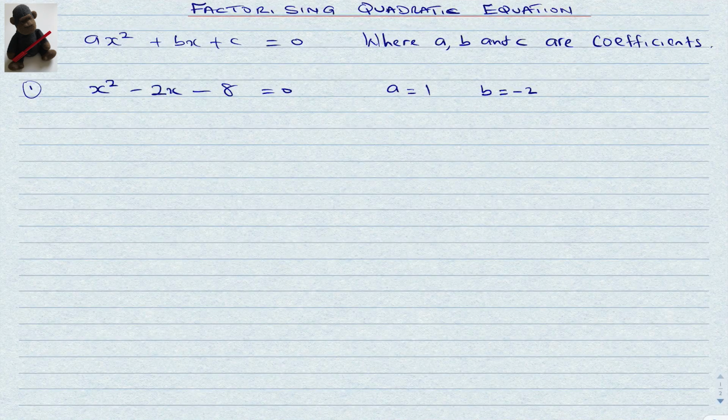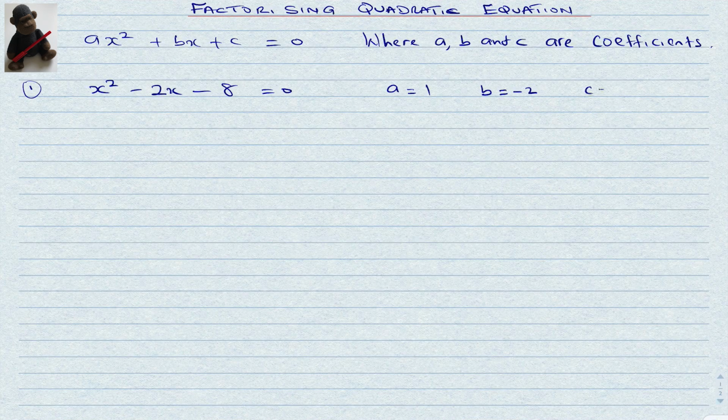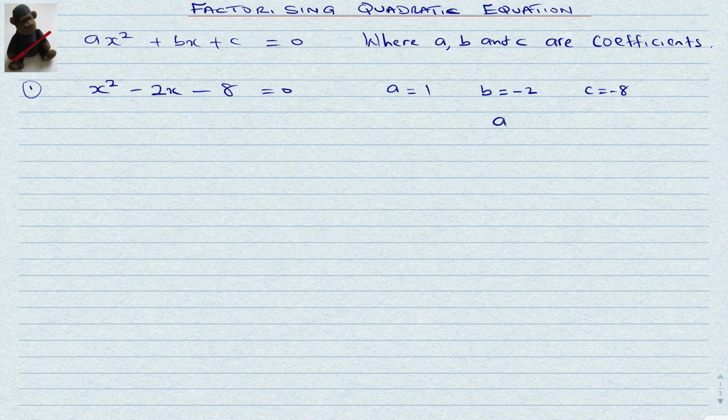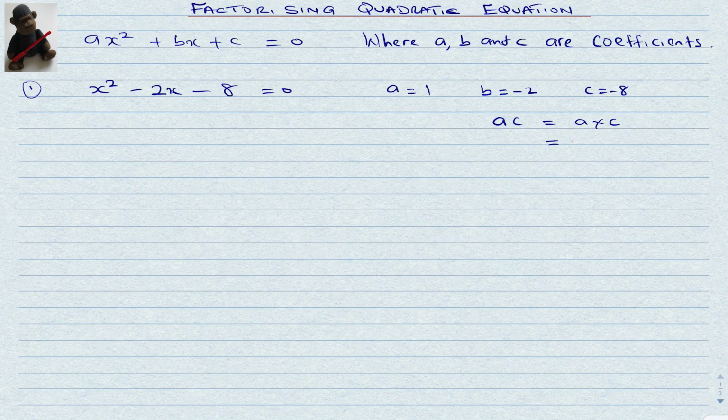And the coefficient of x to power 0, c, equals minus 8. Now we need to find AC. AC is A times C, which is 1 times minus 8, which equals minus 8.